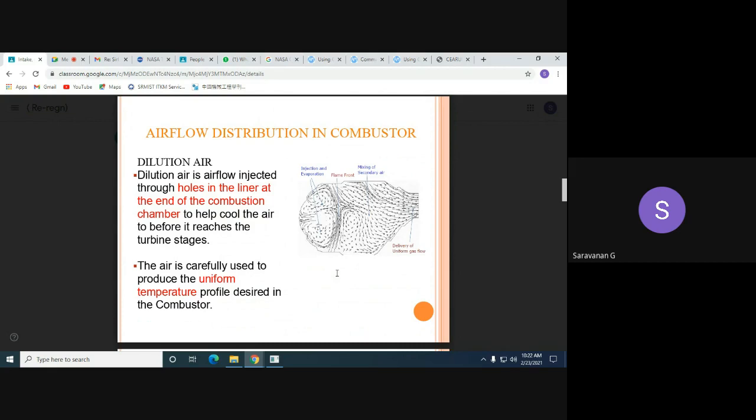As I know, the air coming out of the combustion has high energy and high temperature, so that air has to be cooled down. That cooling takes place through the holes in the liner of the chamber, before the turbine stages. Otherwise it will erode the turbine passages or damage the turbine blade sections.